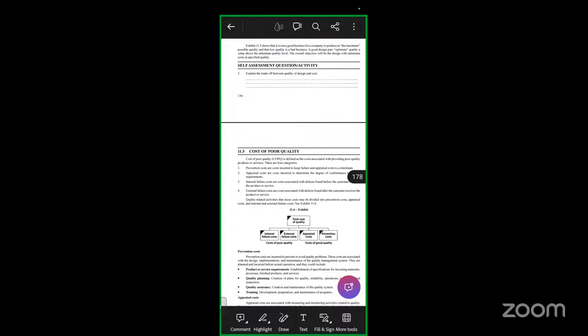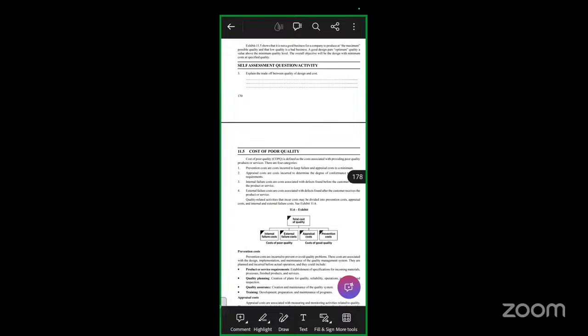Recently, one OnePlus phone had a screen problem, with lines appearing. That is called external failure cost. The product goes to the customer end and fails there. Then the company states that they are taking that particular product back, and either they will refund it or replace it with a new product.